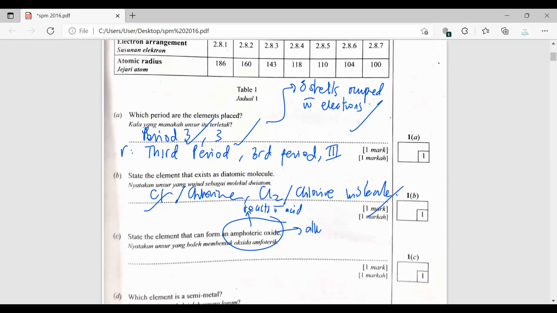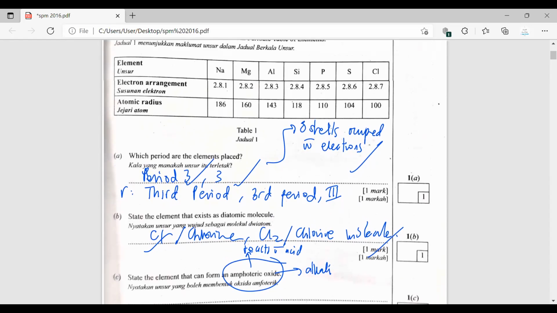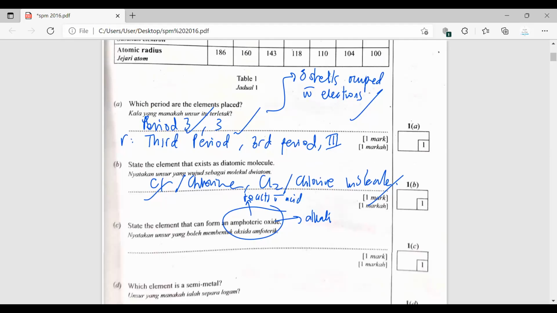Now, since you are at this question, of all these substances here, which one is my amphoteric oxide? Aluminium. Correct. Class, if you didn't know that, you must know it now. Aluminium can react both with acid and with alkaline.